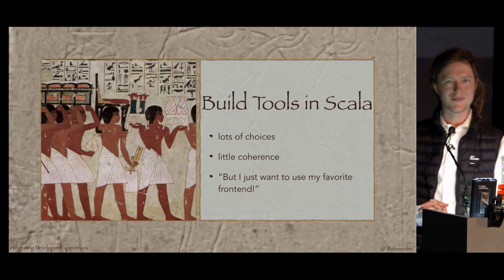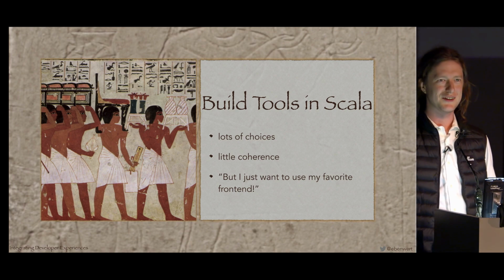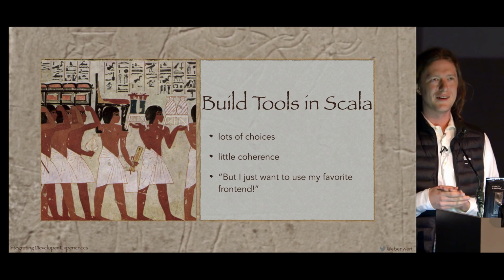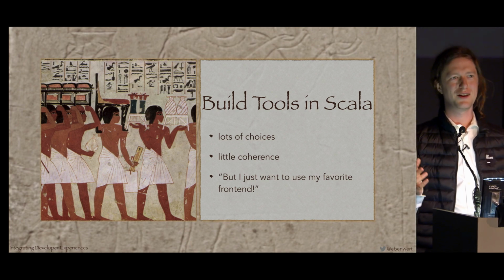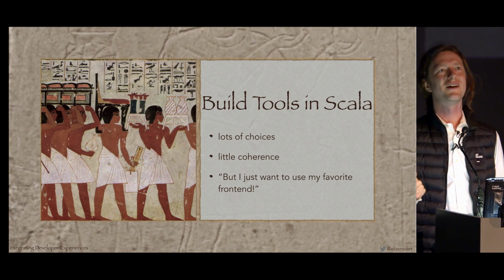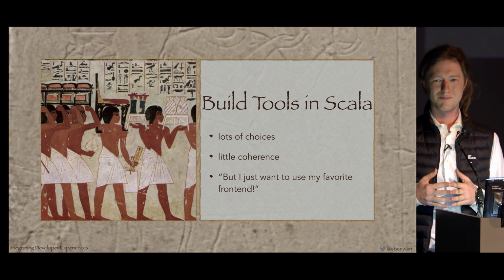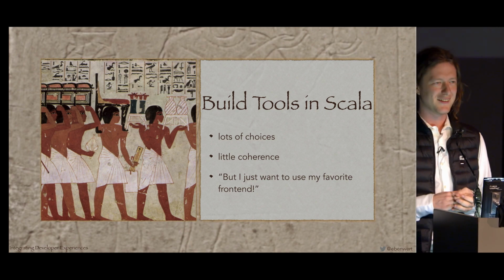So, since we're in England, a bit of an English classic literature quote. It is a truth universally acknowledged that any Scala developer of a certain seniority will be in want of his own build tool. Jane Austen.